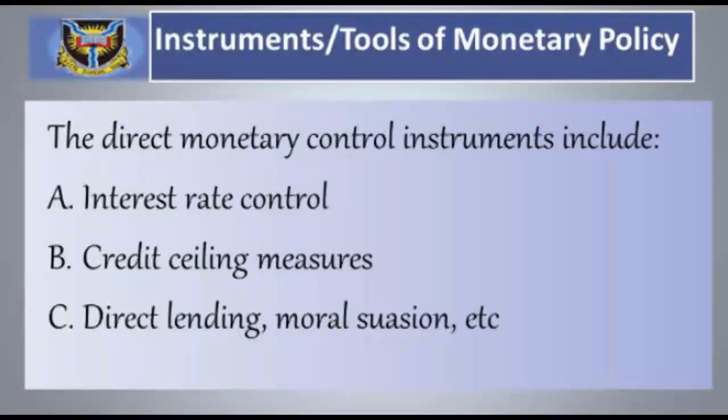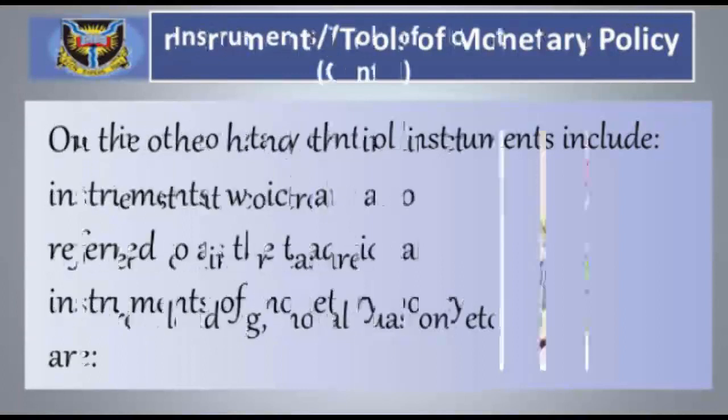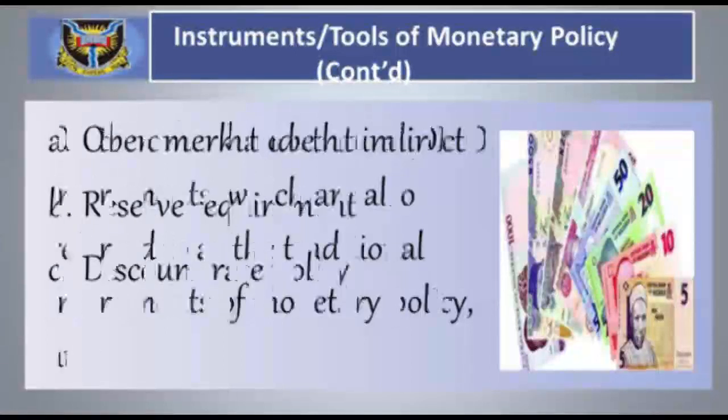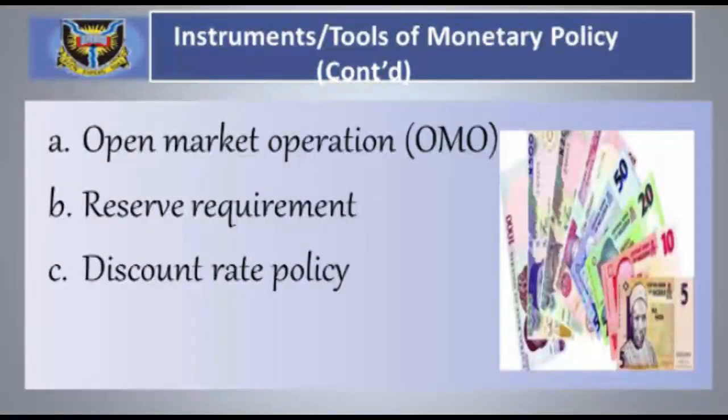The direct monetary control instruments include interest rate control, credit ceiling control, direct lending, moral suasion, etc. On the other hand, the indirect instruments, which are also referred to as the traditional instruments of monetary policy, are open market operation, reserve requirement, discount rate policy.